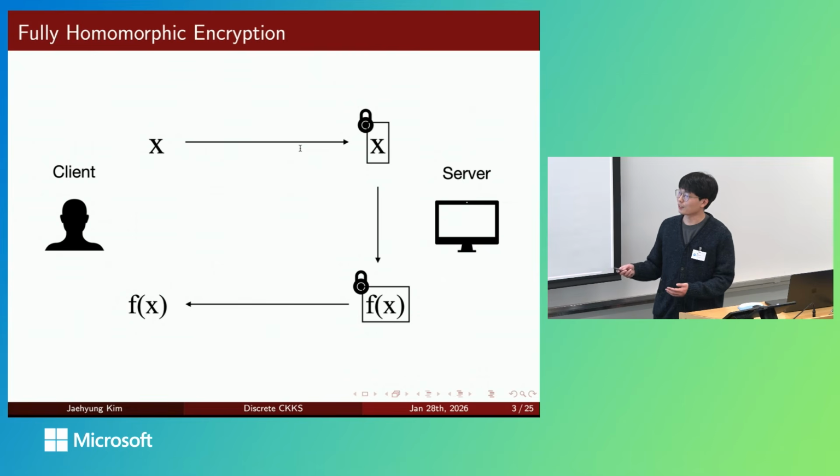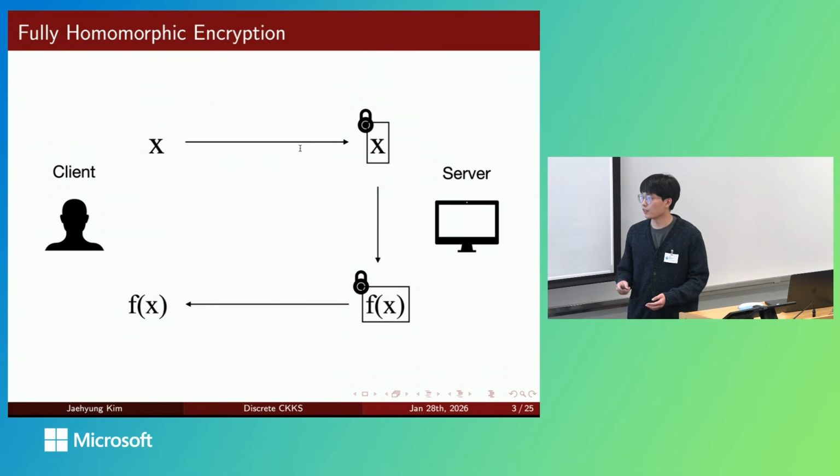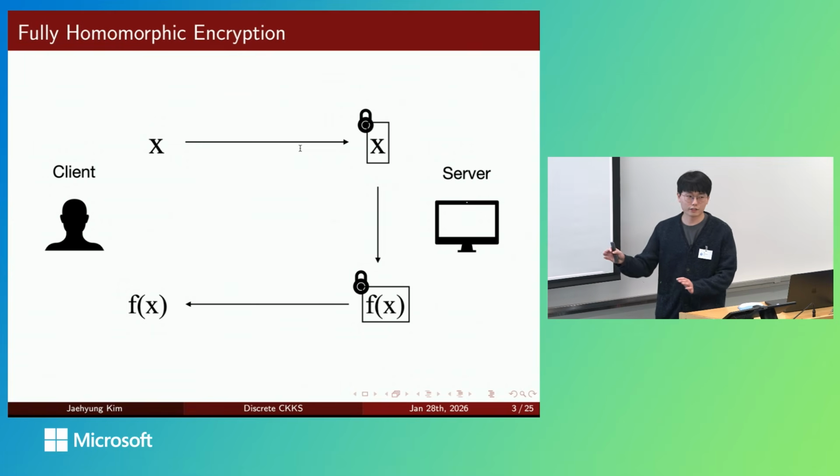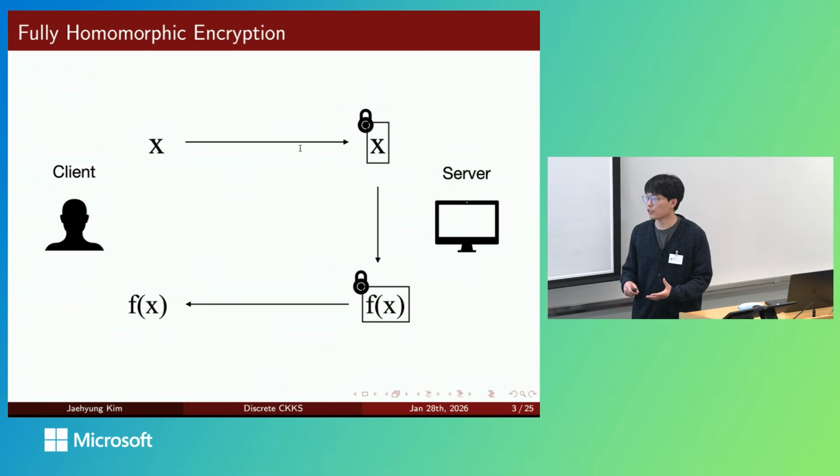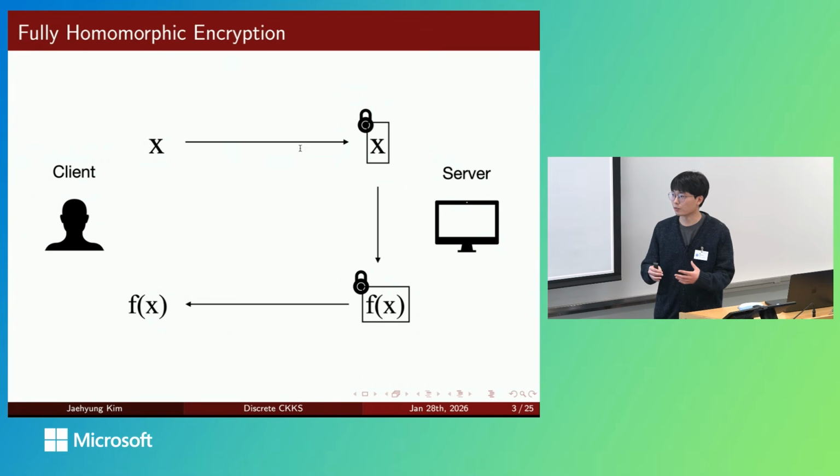And I would like to describe the syntax of how FHE works. The basic example of FHE is where you have a client and a server, and you want to do outsourced computation. What it means is that the client has data and doesn't want to reveal the data to the server or the cloud, but wants to do some kind of computation, and therefore outsources the computation to the server using FHE.